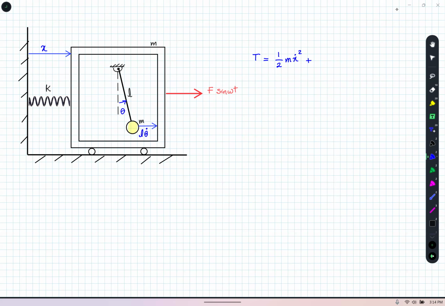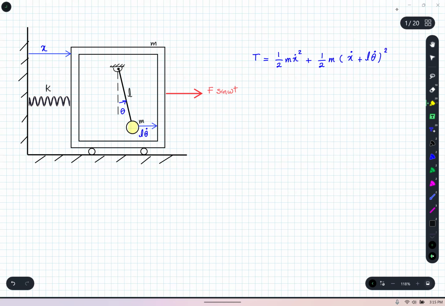And this value is L theta dot. Therefore, the kinetic energy of the pendulum is half of m times its velocity squared, and since it is inside a card, it also moves with the card. My velocity this time is the sum of x dot and L theta dot. That's my kinetic energy.